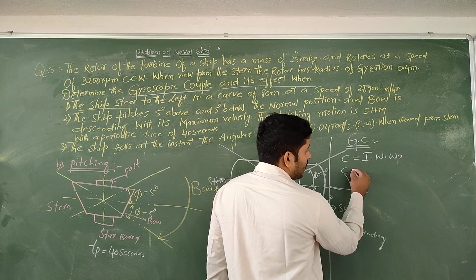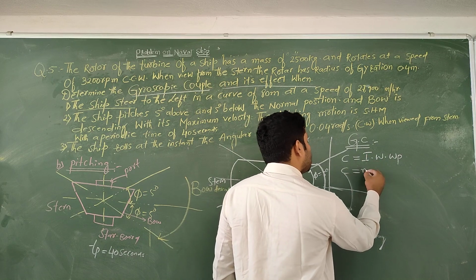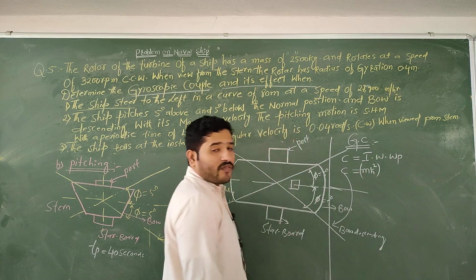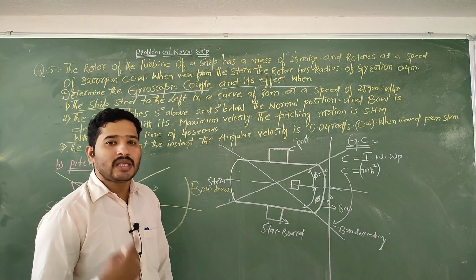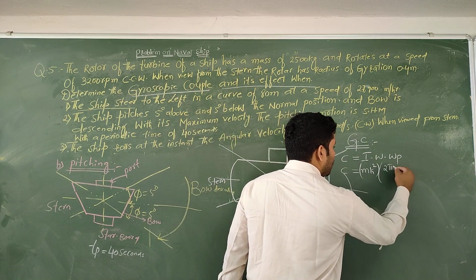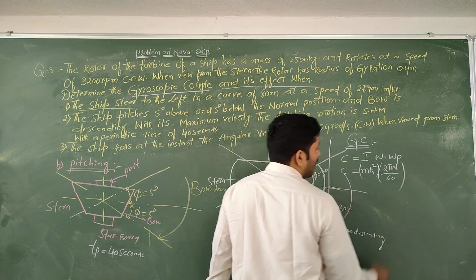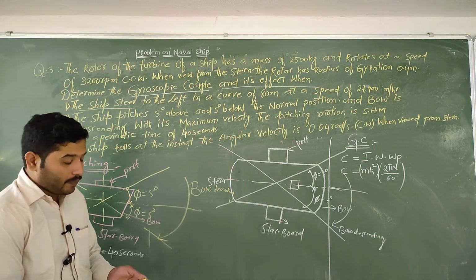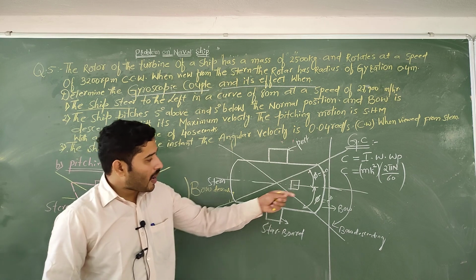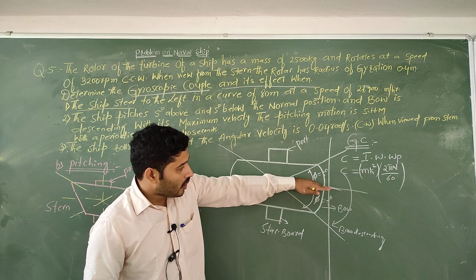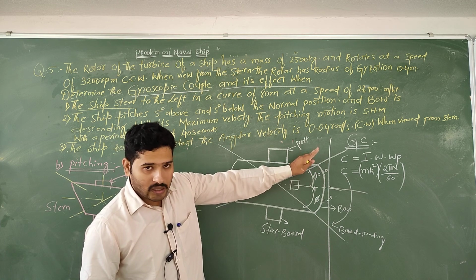Then C equal to I, where I is equal to m k square. Omega value, what is the formula? 2 pi N by 60, we know very well. Is it right now dear? And omega P, that is the most important. Let us see here. Omega P, if this ship is moving above, is it right?